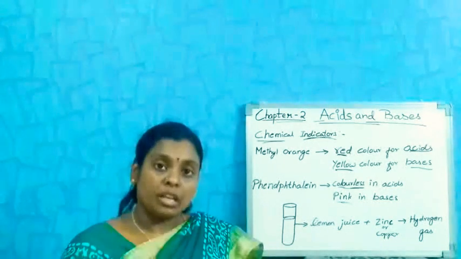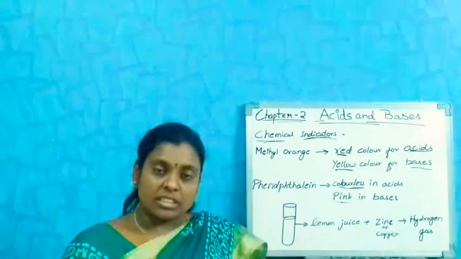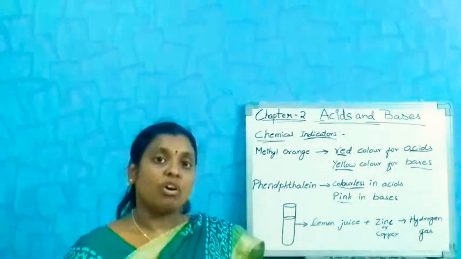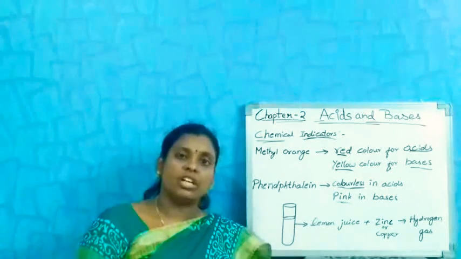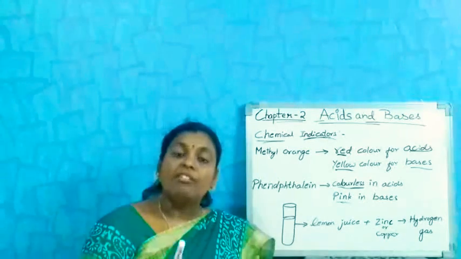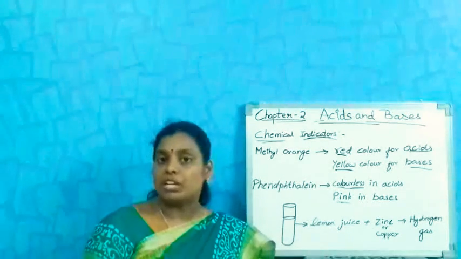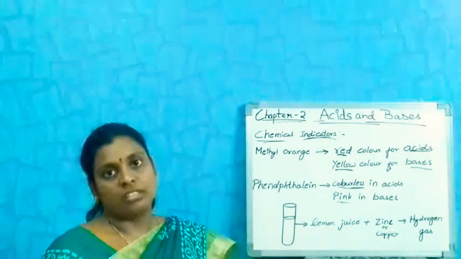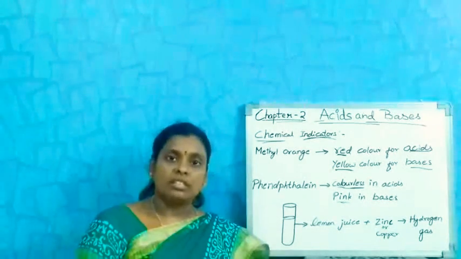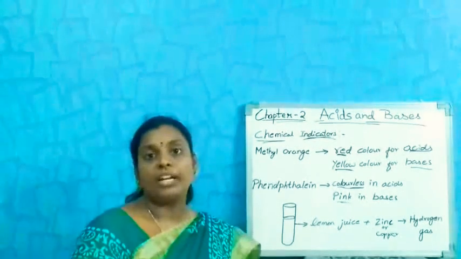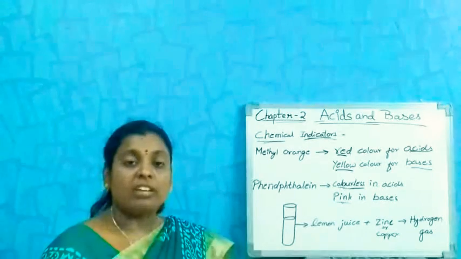If the pickles are kept in metal containers like steel, copper, brass, it also forms an inner layer. Inside that you can see a blue-green coat. That's why they preserve the pickles in glass jars. So it is not advised to preserve the pickles in metal containers. They will react.